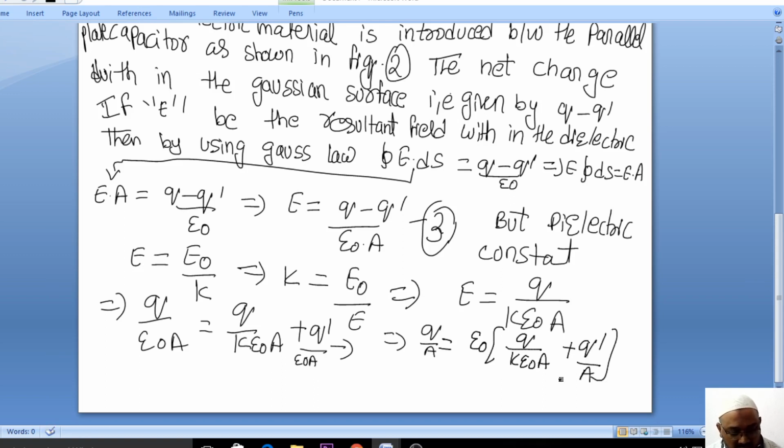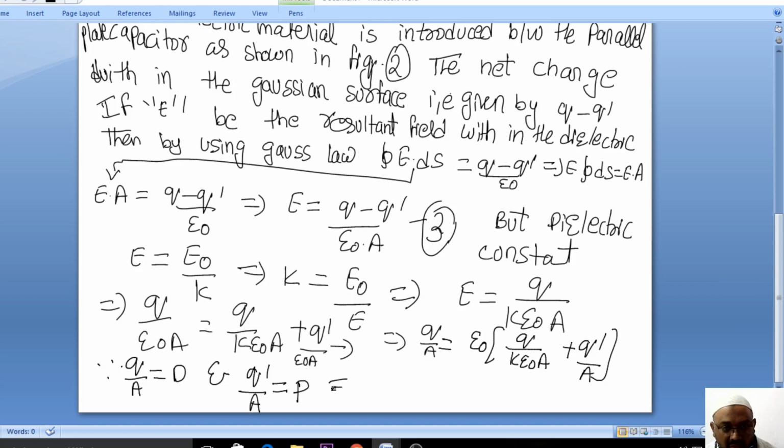Now what is Q by A? Charge per area is nothing but the electrical displacement D, and Q dash by A, the induced charge per unit area, is nothing but the polarization P.